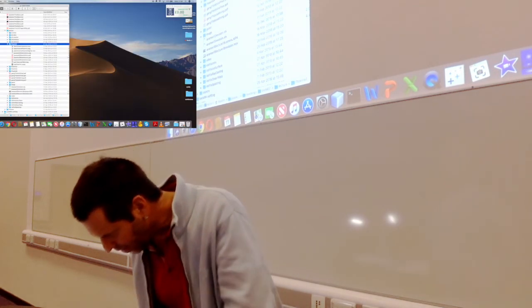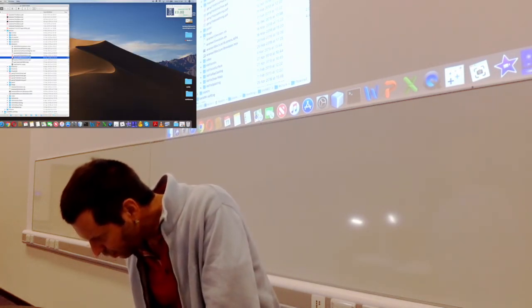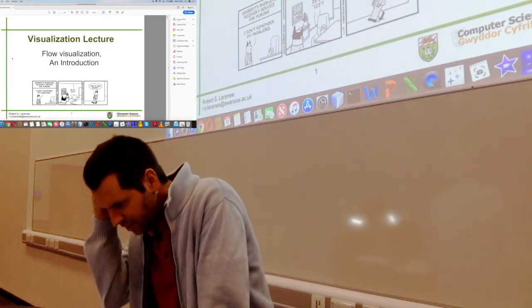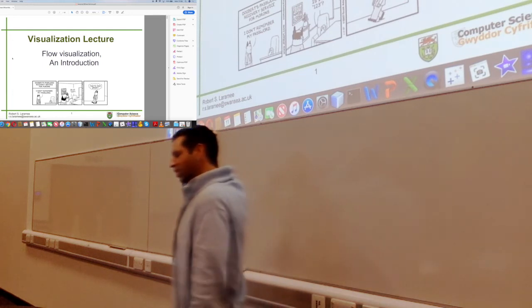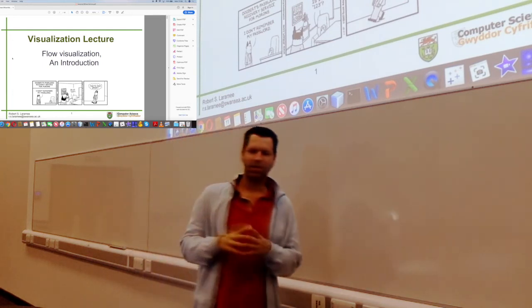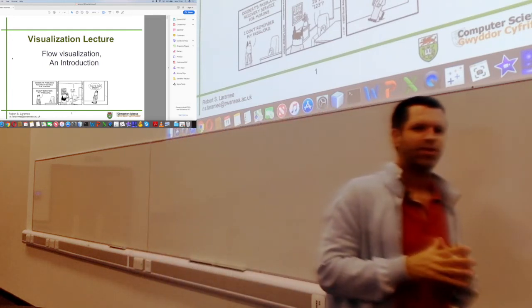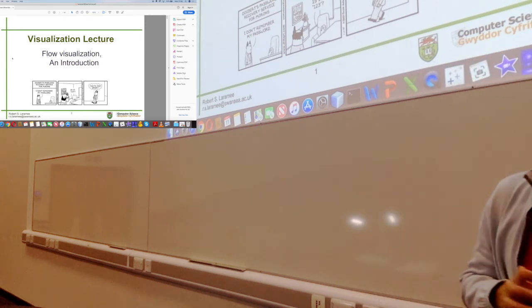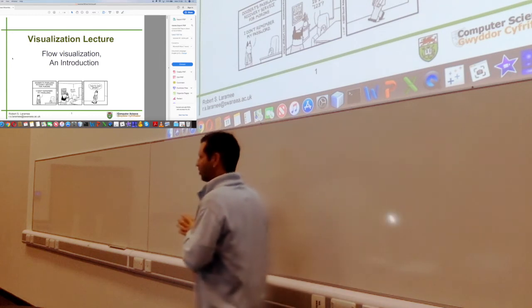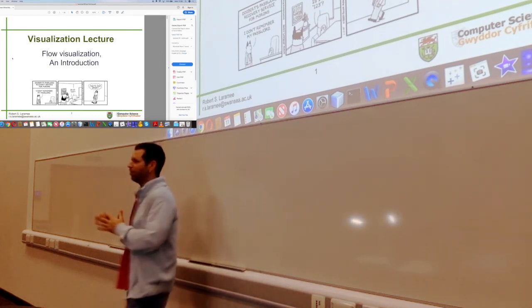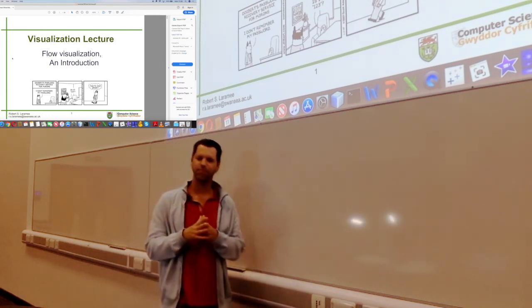So next Monday, we are going to switch topics again and start flow visualization. So that is basically the end-ish of the volume visualization part of the module. Remember, we had these three parts: InfoViz, VolViz, and then the third part is FlowViz.